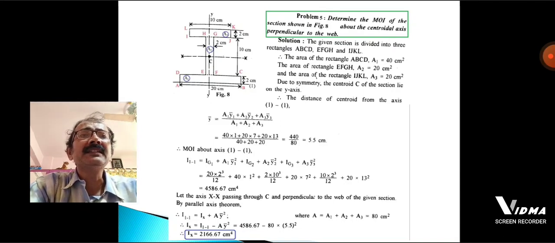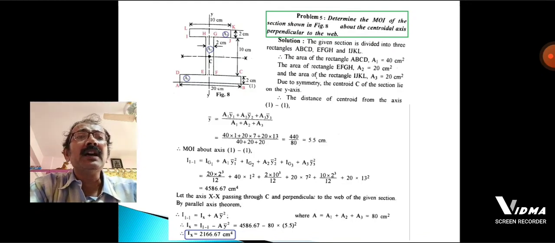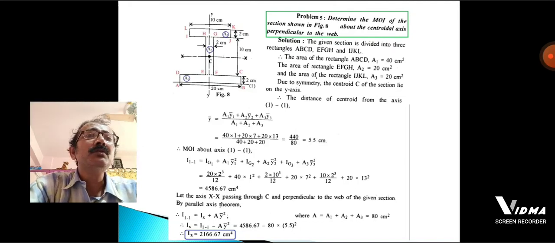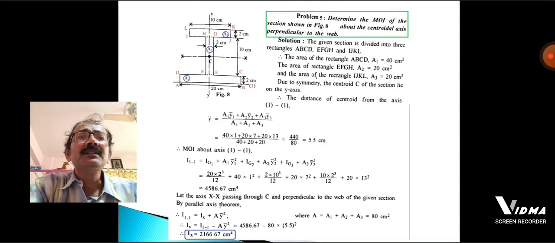Let the axis xx pass through C, perpendicular to the web of the given section. By the parallel axis theorem, I_11 is I_x plus A y bar square, where A equals A1 plus A2 plus A3, that is 80 centimeter squared. Now I_x equals I_11 minus A y bar square. So finally I_x equals 2166.67 centimeter to the power 4.